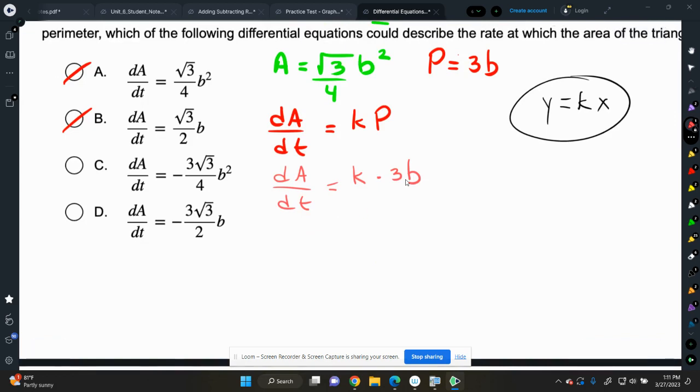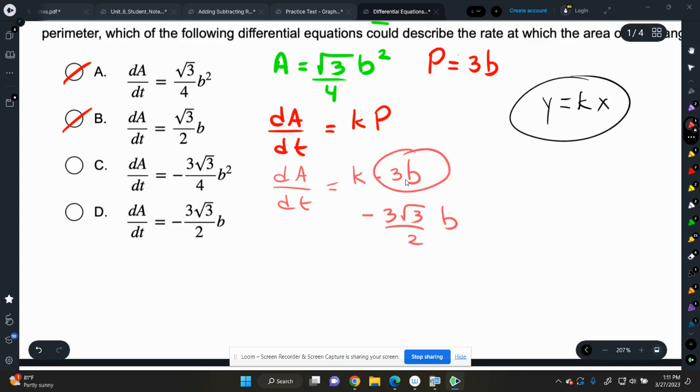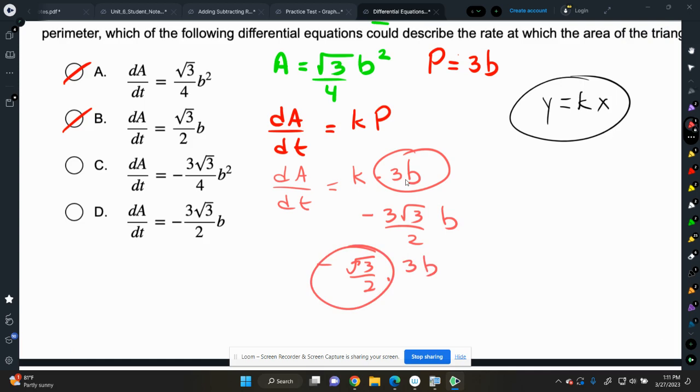We've got negative 3 root 3 over 2 b, and p is 3b, so this is negative root 3 over 2 times 3b. So the k must be negative root 3 over 2. That's the k. All right, so it has to be D.